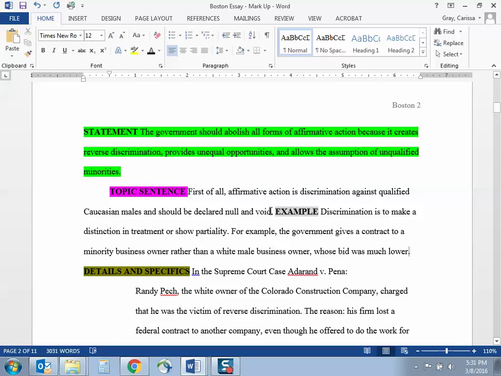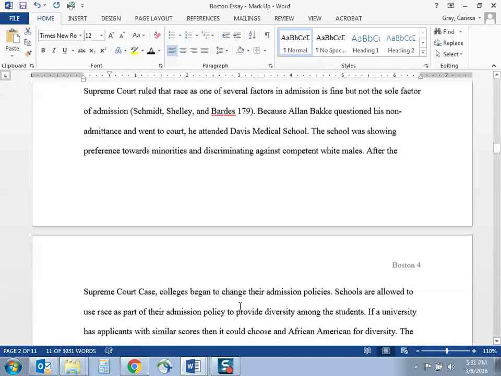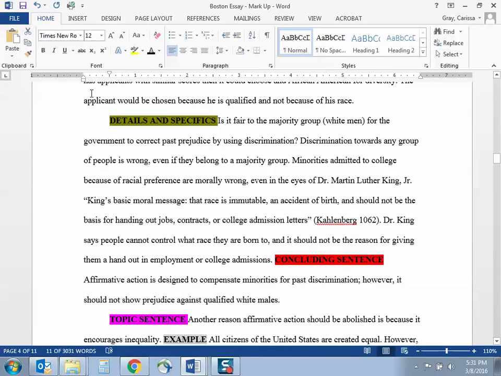Everything in this paragraph talks about how white males are being punished even though they are qualified. So you don't want to bring in random details and specifics. All of your details and specifics should focus on your topic sentence, your first point, your first reason. And you're going to find 4 different pieces of research to support that reason. So this is the 4th paragraph in topic 1.